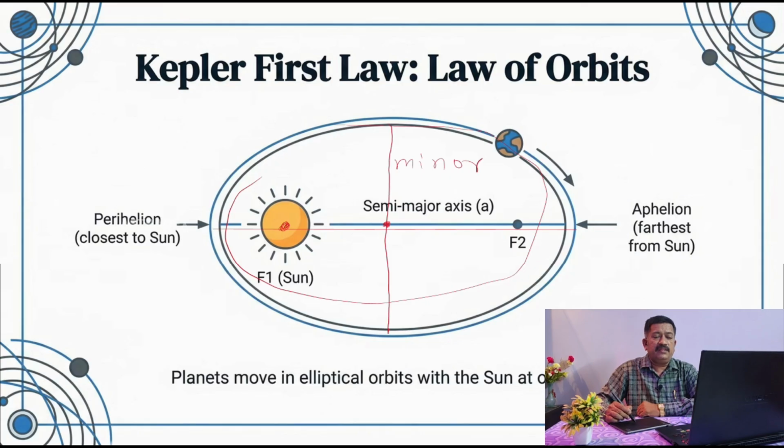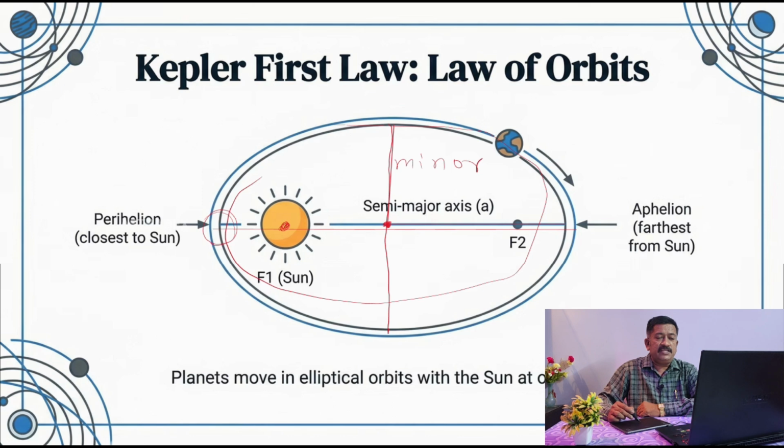The point where they intersect each other is almost the center of the ellipse. We cannot call it directly the center; it is the intersecting point of the major axis and minor axis. From that point, one half is called the semi-major axis, taken as A, and the other half on the vertical side is the semi-minor axis, taken as B.